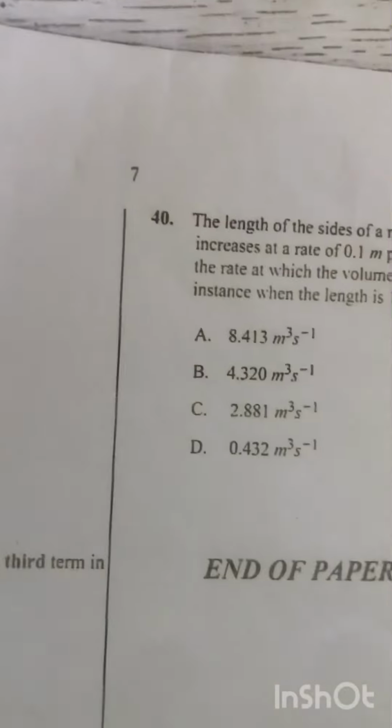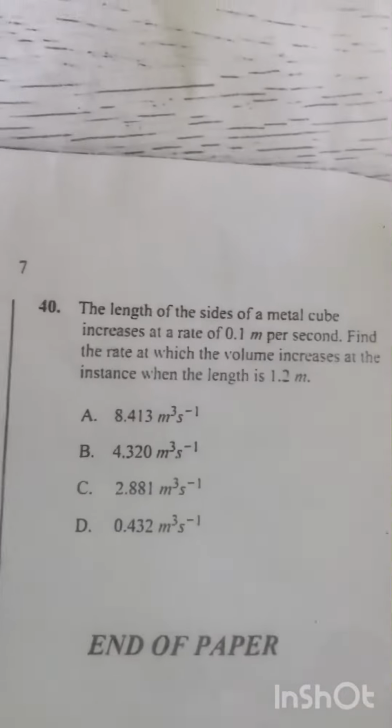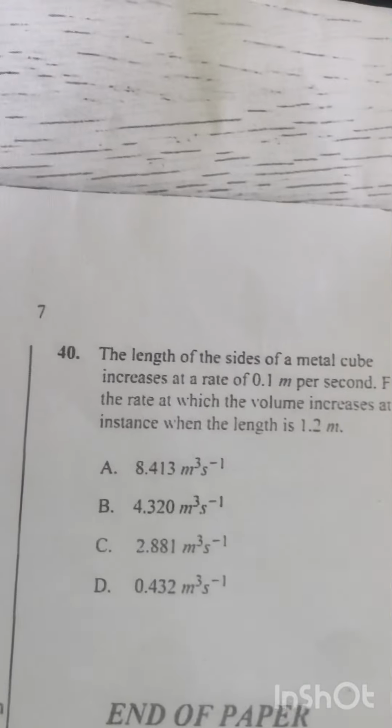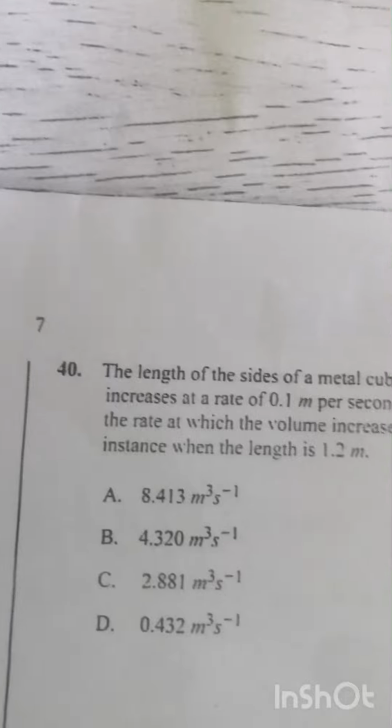Question 40 says the length of the side of a metal cube increases at a rate of 0.1 meters per second. Find the rate at which the volume increases at the instance when the length is 1.2. This is also very easy. This is differentiation.